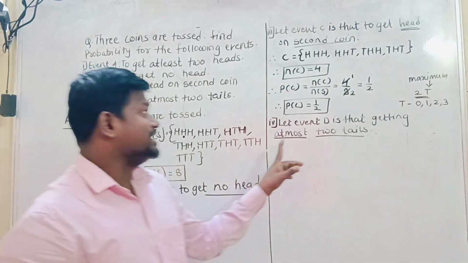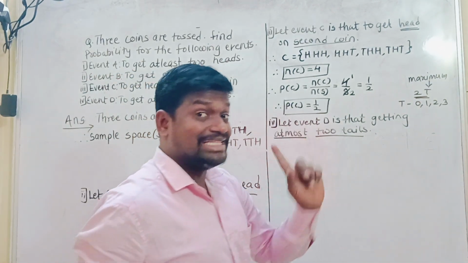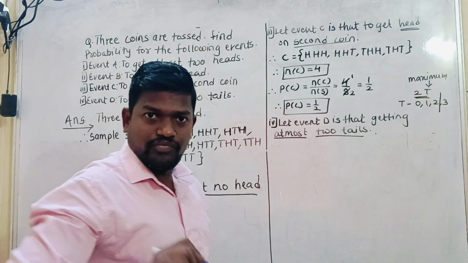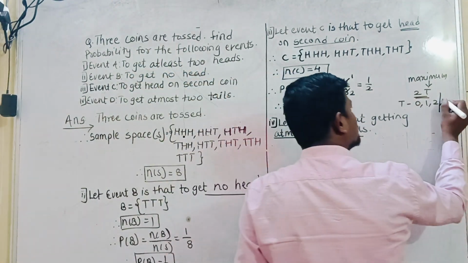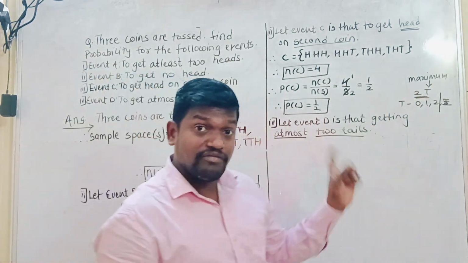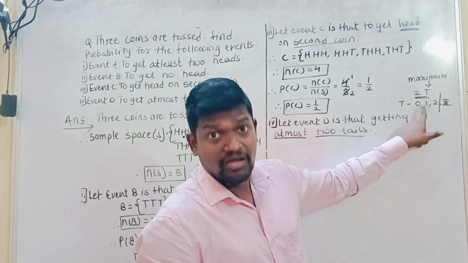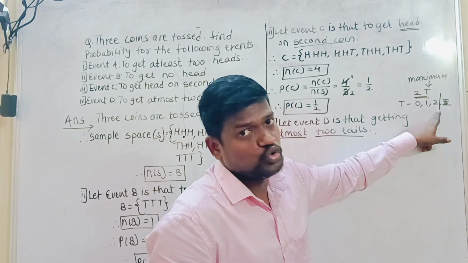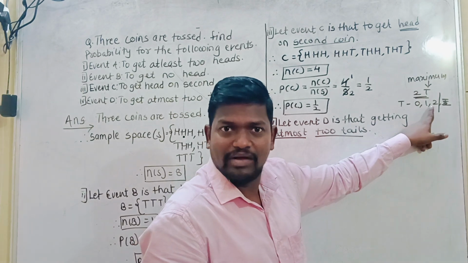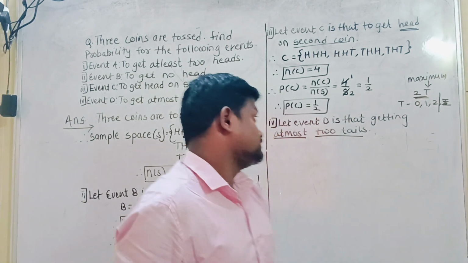So maximum is the highest 2 tails. We don't look for 3 tails. So we have to find where we can get 0 tails, 1 tail or 2 tails.